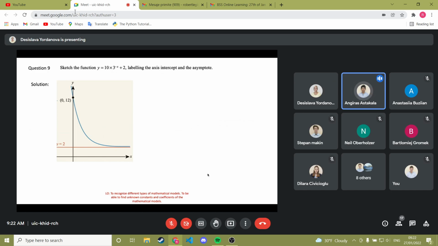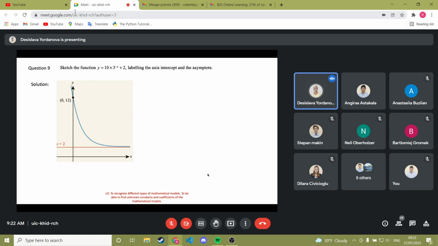Okay, miss, I understand. I got the graph, but could you give me another explanation why the horizontal asymptote is y equal to 2? Because I'm a little lost on that. Is it possible for y to become equal to 2?